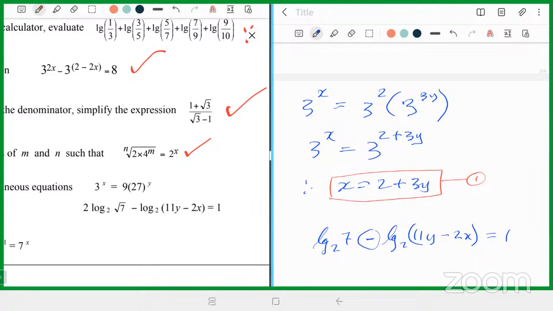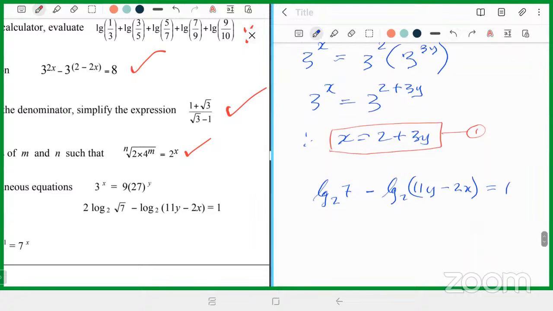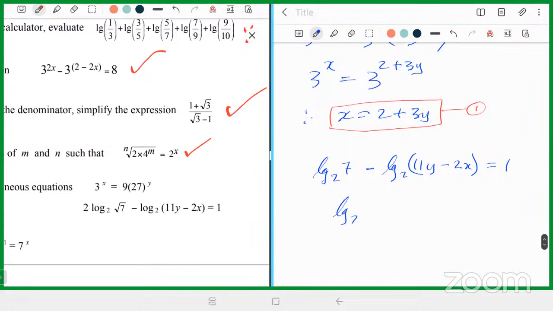When you subtract, you divide the logs. It becomes log to base 2 of 7/(11y − 2x) equals 1. When the log of a number equals 1, it means that the base and the number are equal.